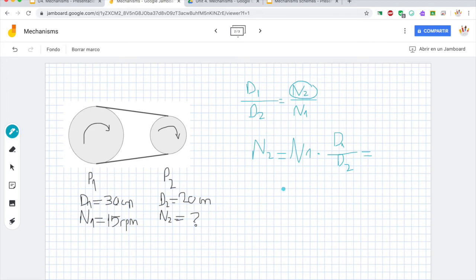Now we're going to write the numbers here. N1, 15. Very difficult to write on this board. 15 times D1, which is 30, divided by D2, which is 20.